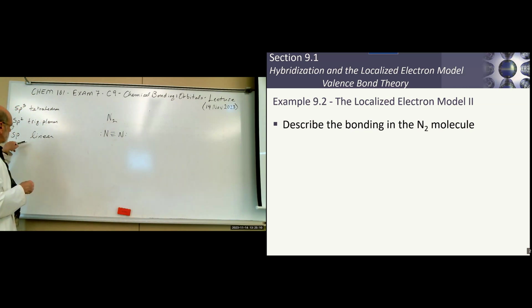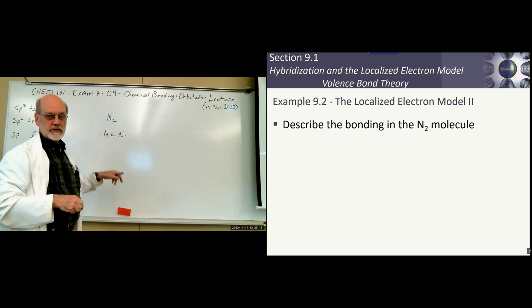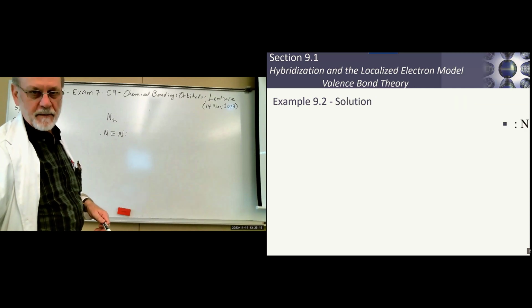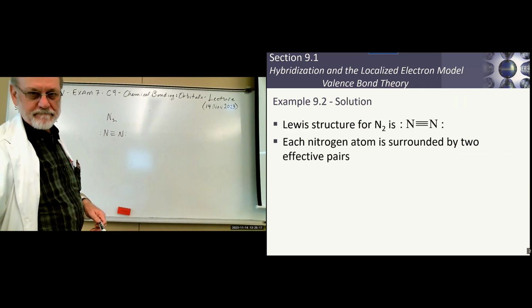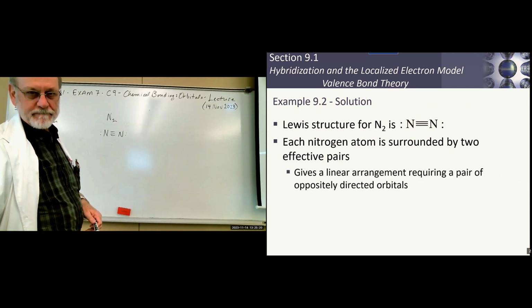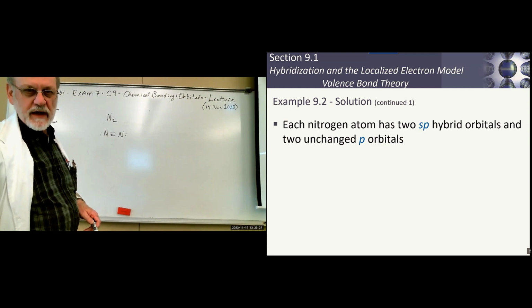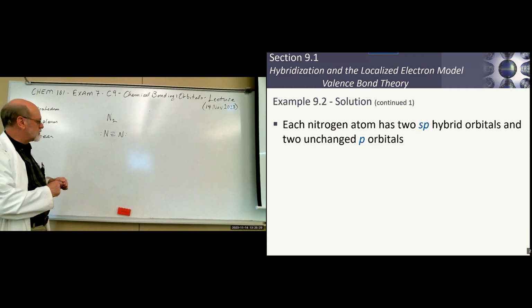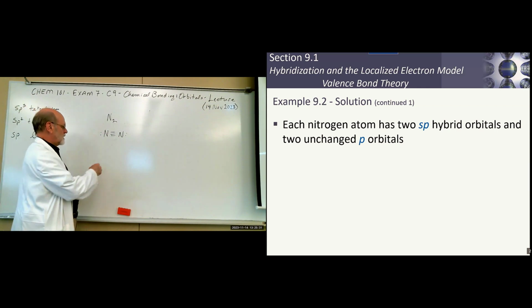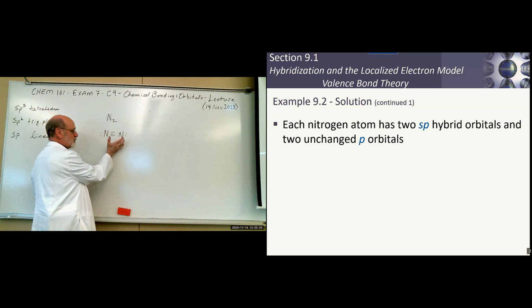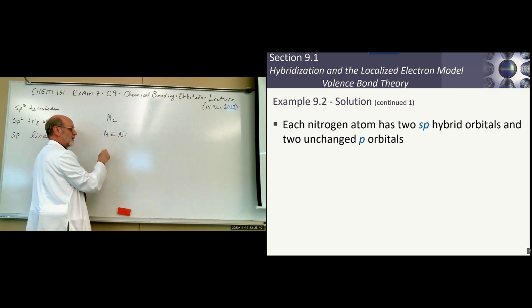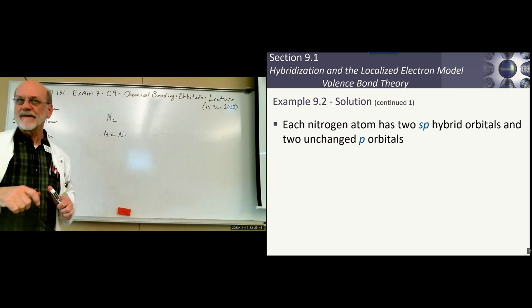So it's also going to be sp hybridized on nitrogen. Once we get that done, we have 2 unused p orbitals. Unused p from this side and that side makes this pi bond, and the other unused p makes this pi bond.